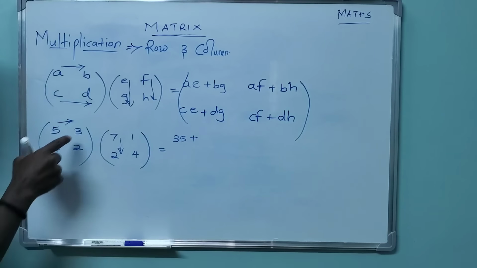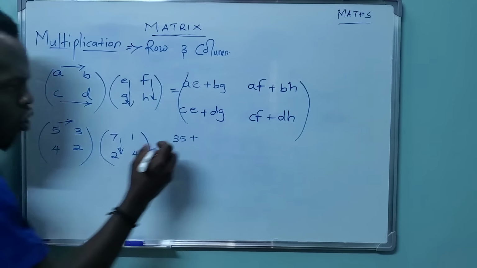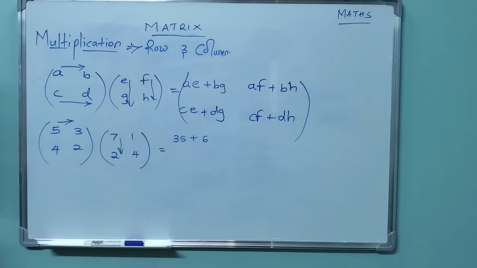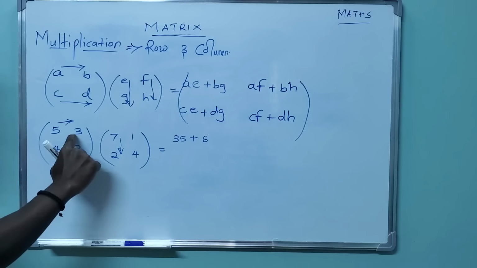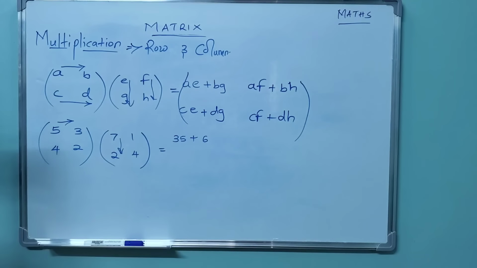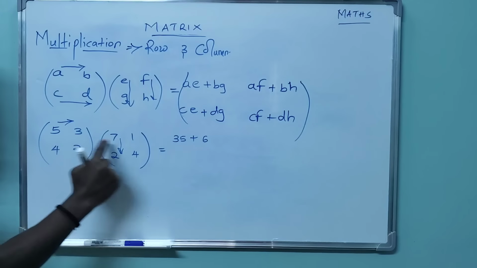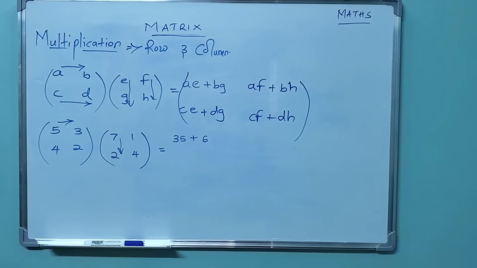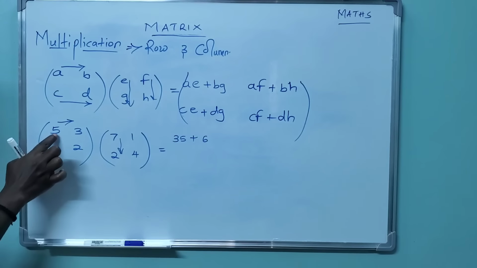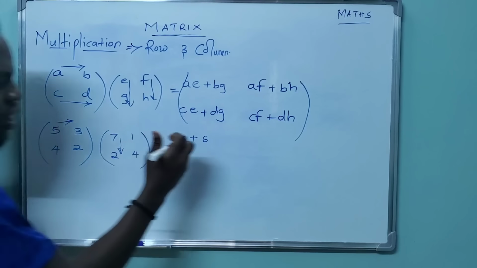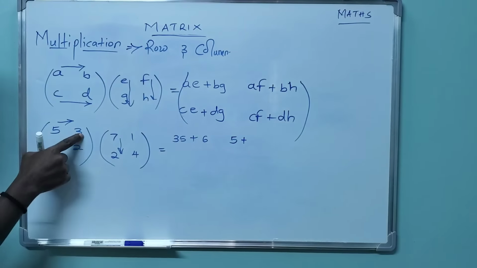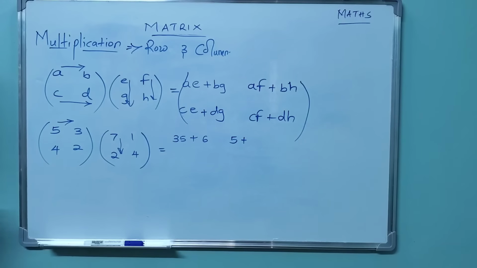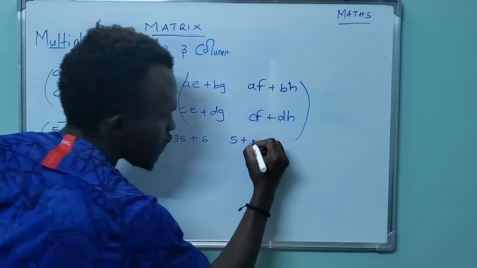Then plus 3 multiplied by 2, I'll have there 6. I'm done multiplying the first row and the first column. I'll again go to the first row and the second column, whereby I'll say 5 multiplied by 1, I'm going to have there 5 plus 3 multiplied by 4. I'll have there 12.